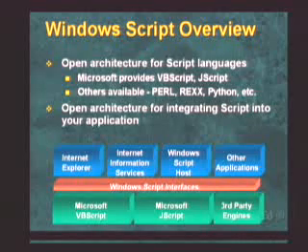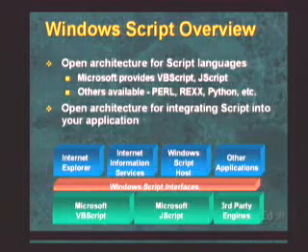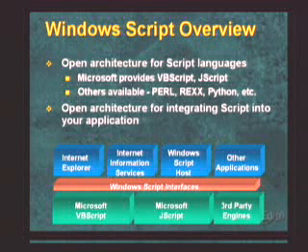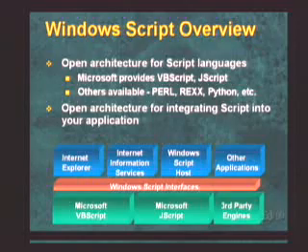So this open architecture, well, how does that actually apply to you? Well, I guess you've all used Internet Explorer and Internet Information Services, I guess I should say now. And they use JScript and VBScript. The way they do that is they talk via these Windows script interfaces to VBScript and JScript, which are just two DLLs on your machine.